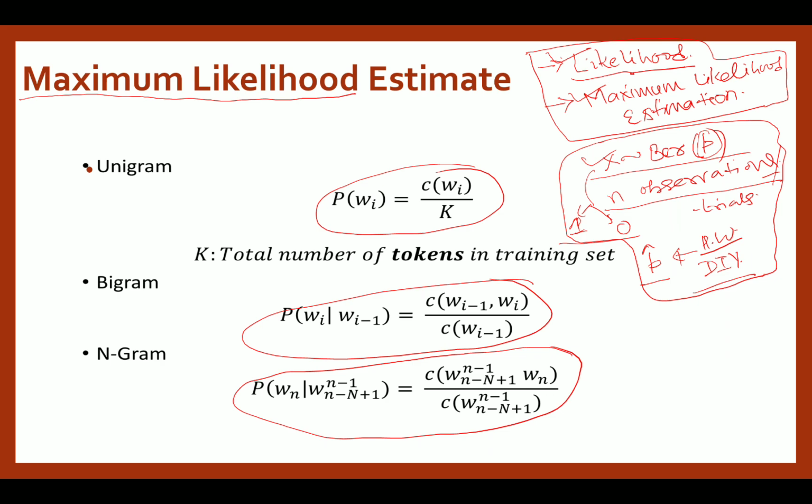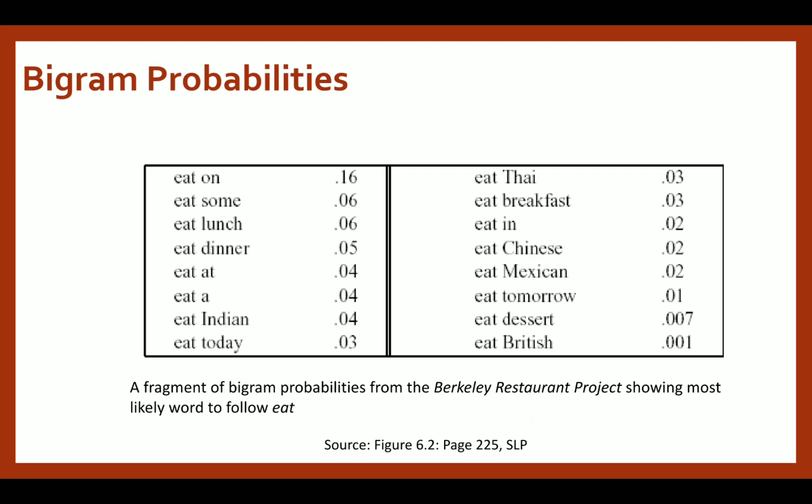So now, given that we do this maximum likelihood estimate, and depending on the model we can choose, whether it is a bigram or trigram and so on, we have these probability estimates available to us. Here the C is basically just the count. So this is an example.